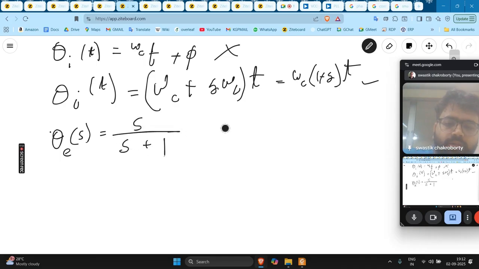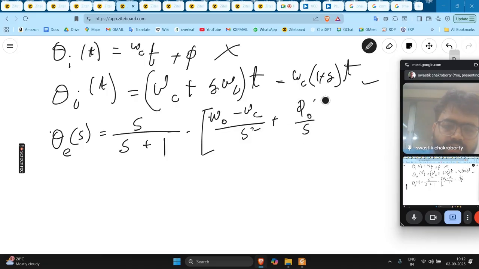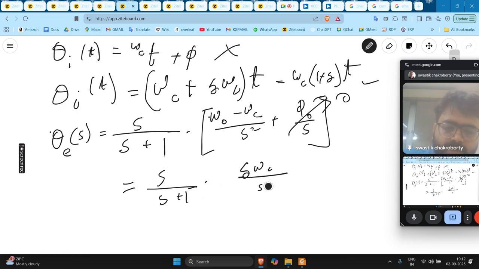A, K, H are all identically 1, so this will be 1 into omega naught minus omega c by s square plus phi naught by s. Now phi naught is equal to 0, so this becomes 0. And omega naught is omega c into 1 plus delta. So ultimately what you have is s by s plus 1 into delta omega c by s square. So what you have is delta omega c divided by s into s plus 1.